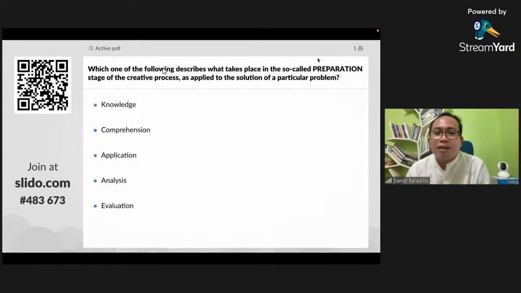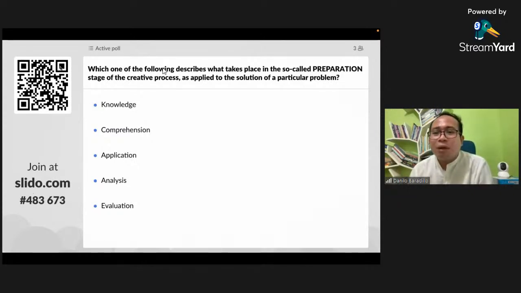Okay, cast your answer. You already have the alternatives there, but I'd like you to go over the stem. Which of the following describes what takes place in the so-called preparation stage of the creative process as applied to the solution of a particular problem?